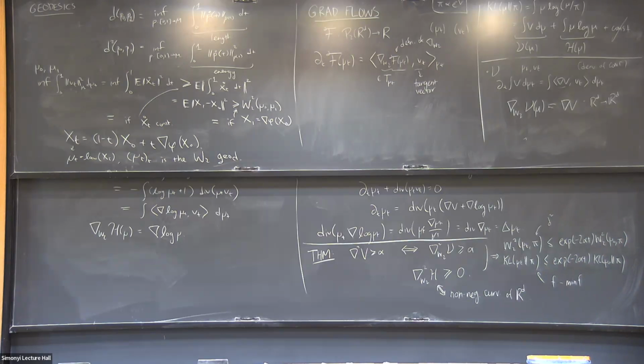What happens if you were looking at L1 instead of KL divergence? Like TV distance? Yeah, the statistical distance between the two distributions. Well, the gradient flow of that in this geometry would not be the Langevin diffusion. It would be some other process.